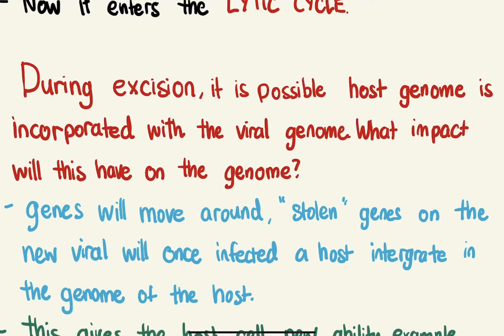So you're kind of moving these genes around. Hopefully that makes sense. What I'm trying to get at is that the viral genome has to spread itself. After a virus is made, new progeny will go infect another cell. If the previous host cell's genetic information, one kind of gene, is incorporated inside, that gene will be delivered to the next genome as well once it incorporates with it.